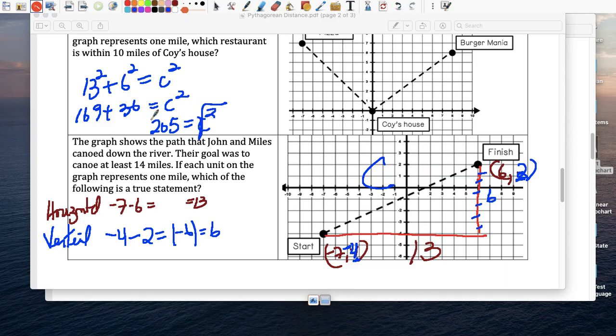Take the square root of both sides, and we get that c is 14.32 rounded. I don't know what the statements were, but I'm just doing the question, so you could have skipped this one. Okay, that's it.